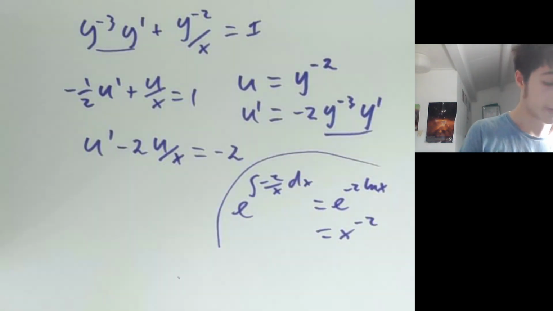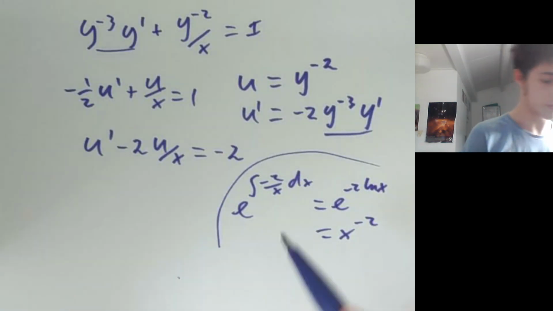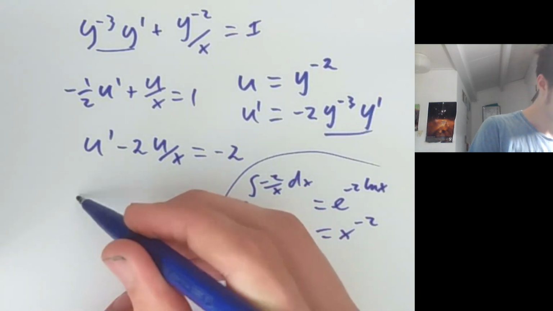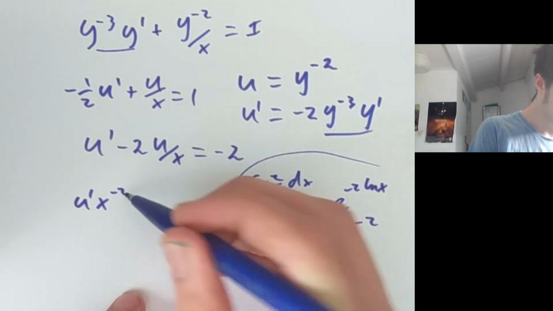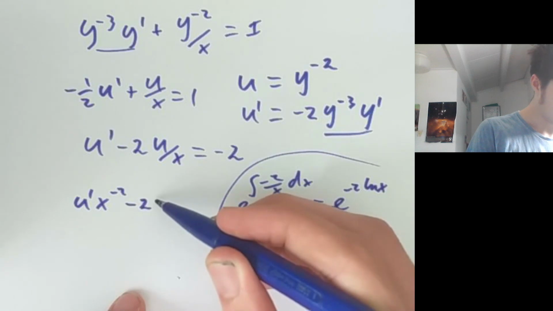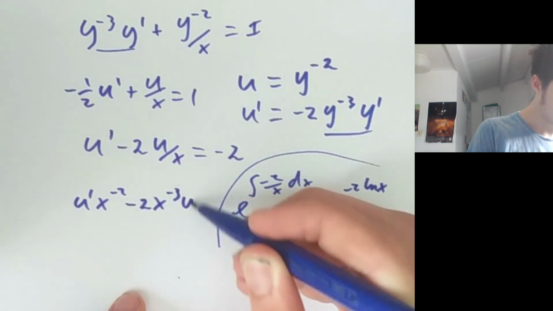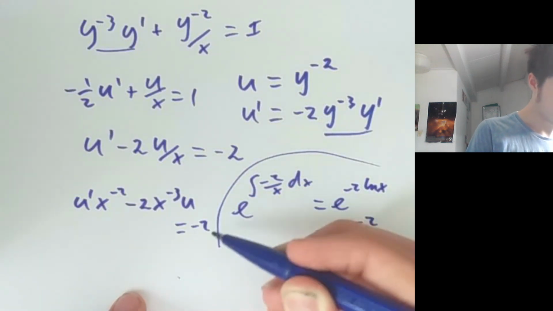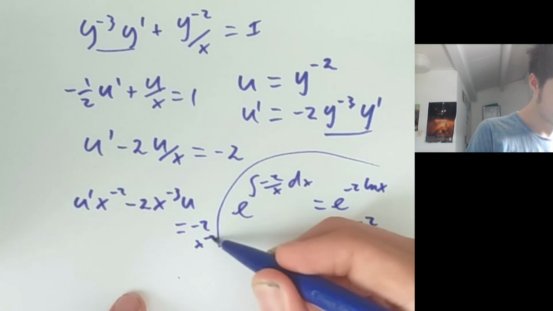So now we multiply this equation by x to the negative 2. So we get u prime x to the negative 2 minus 2 x to the negative 3 u, and this will be equal to negative 2 x to the negative 2.